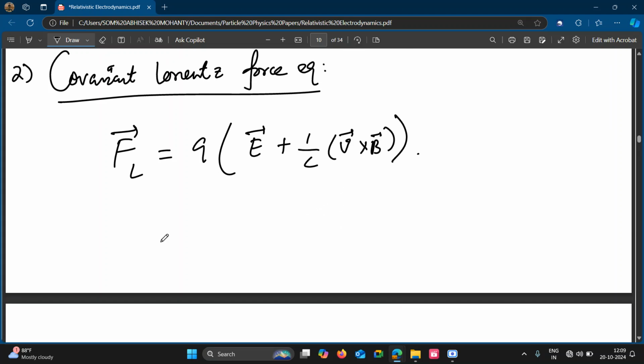In the covariant formalism, we can write the four force.